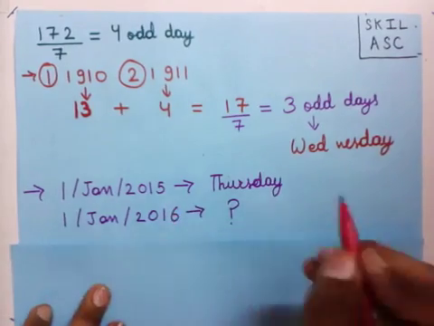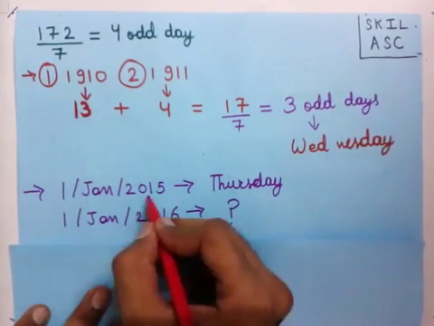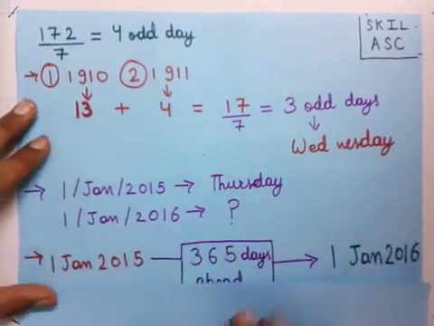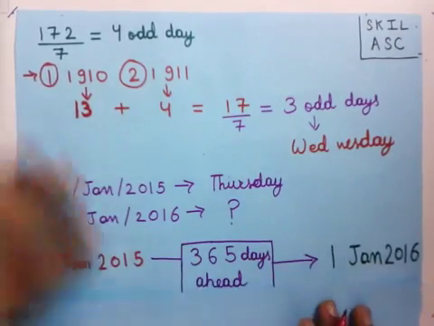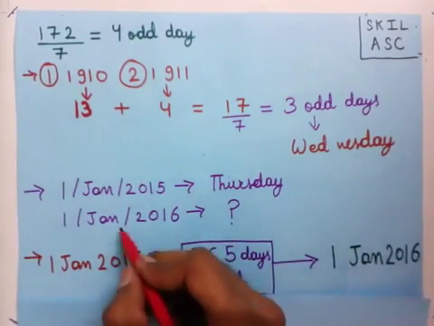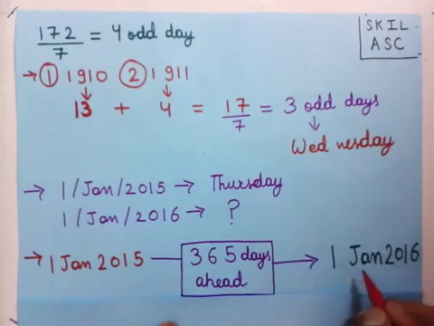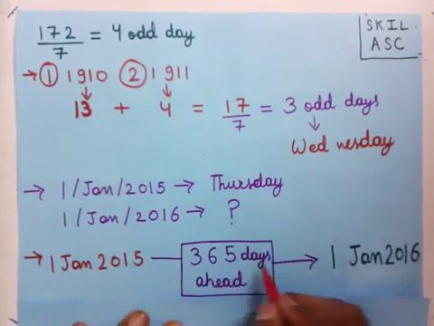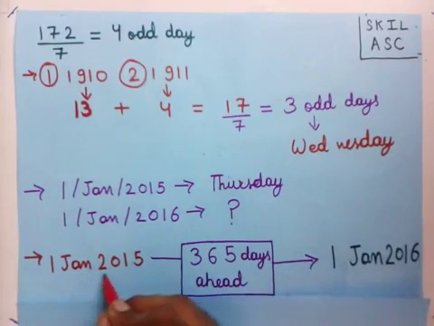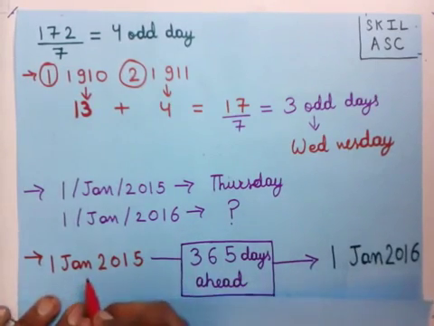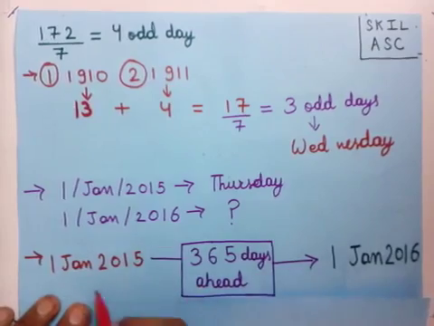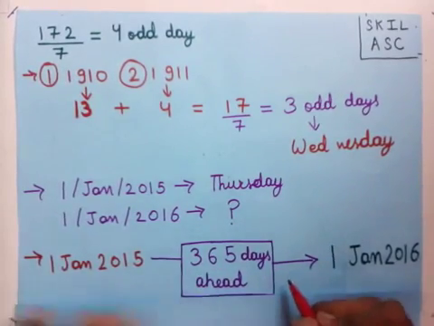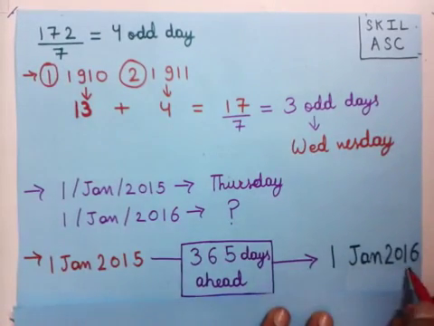So we imagine that we are present at this date. Now our aim is to reach this date. So to reach this date, we will need to go 365 days ahead of this date. So if we go 365 days ahead from this date, then we will reach this date.